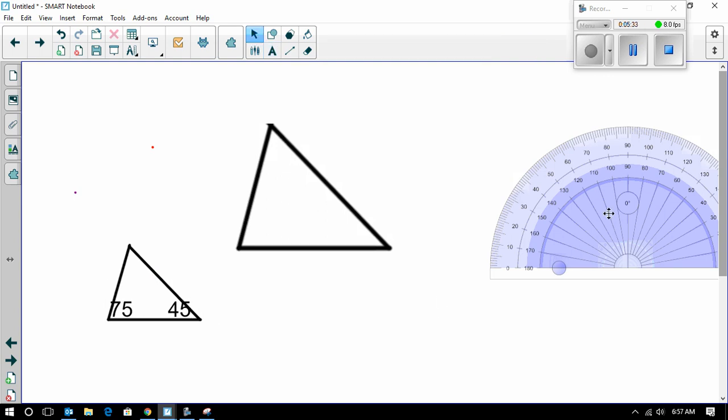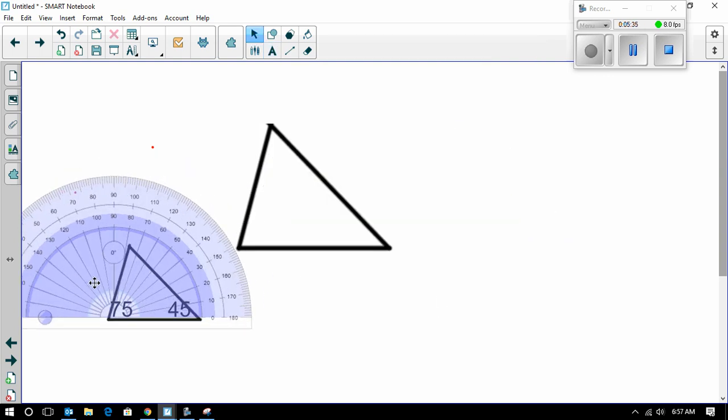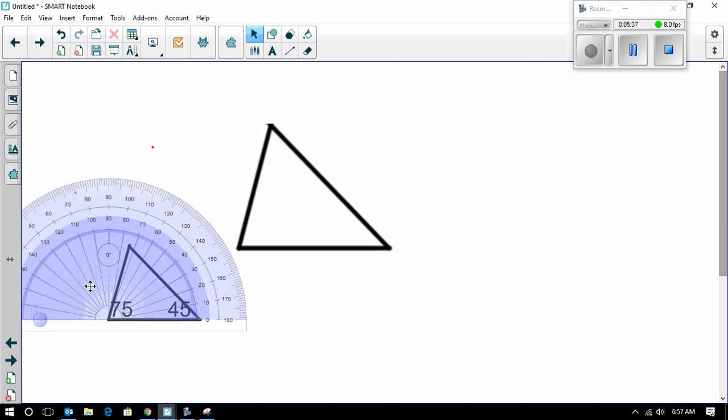And if I were to go measure it and double check, that still looks like it's about 75 degrees. So very close there.